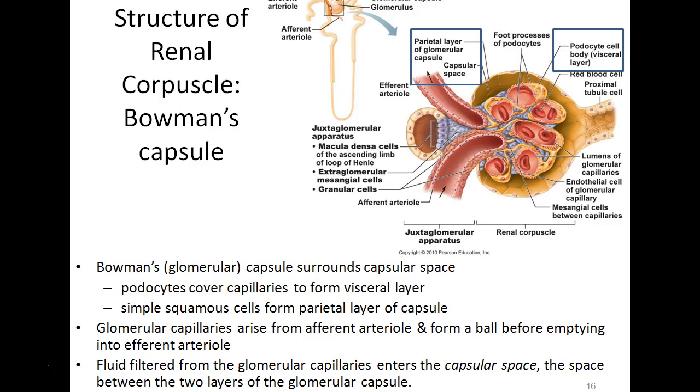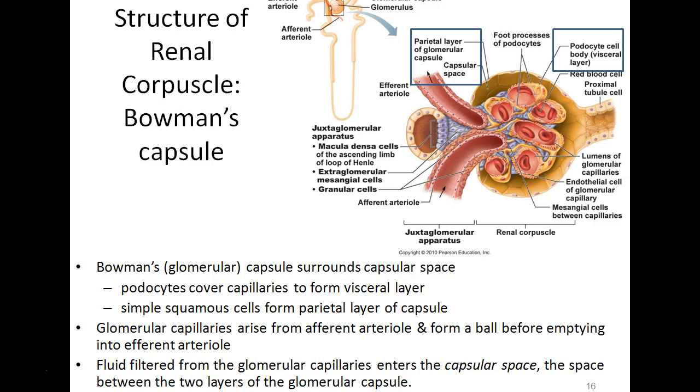So the glomerular capsule, also called Bowman's capsule, is formed by an internal visceral layer directly lining the glomerular capillaries, and it's also formed by an external parietal layer composed of simple squamous epithelium. Together, those structures are going to create a space, a capsular space. And that's what the filtrate is then going to move into.